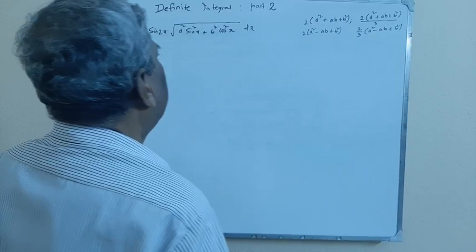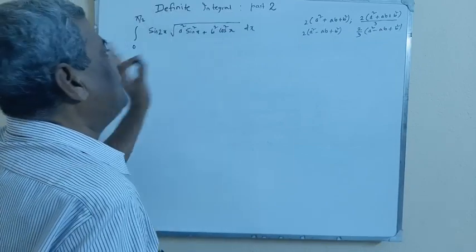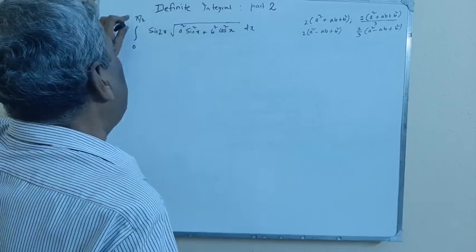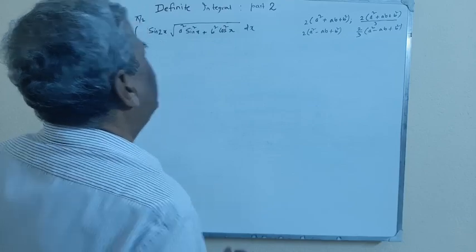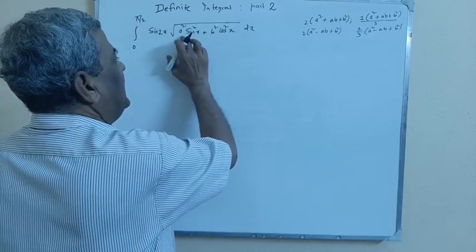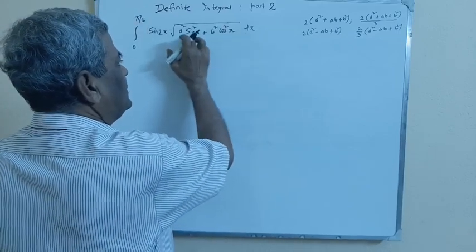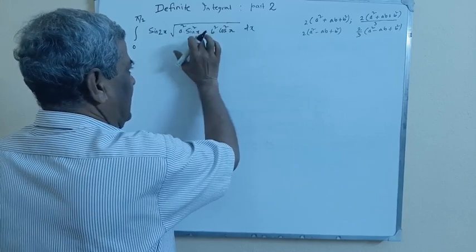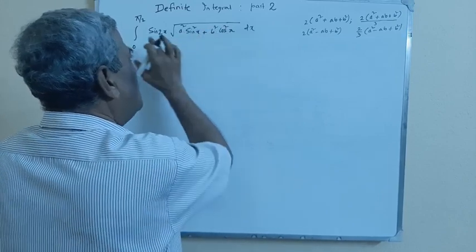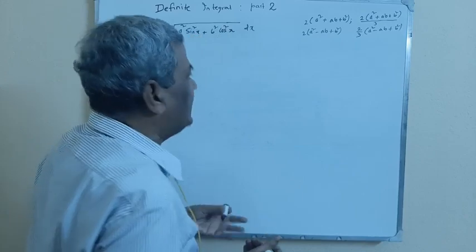So it is a definite integral, with limits from 0 to pi by 2. You see the derivative of the part under the square root is almost the numerator, excepting a constant term.